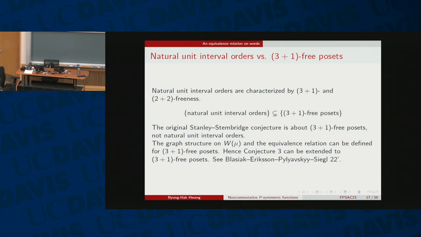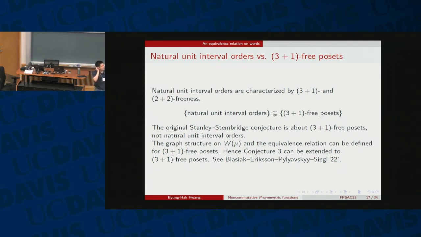But what happens when you don't have something that's symmetric, but quasisymmetric? How does that work?